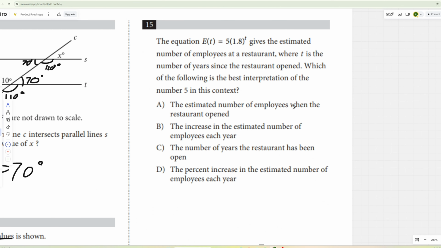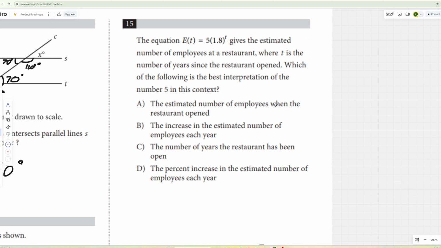Boom. The mean is 10. Okay. The equation E of t equals 5 times 1.8 to the t power gives the estimated number of employees at a restaurant where t is the number of years since the restaurant opened. Which of the following is the best interpretation of the number 5 in this context? Well, this one might seem a little bit complicated because you're dealing with an exponential function, but we can even put in some numbers to understand a little more.